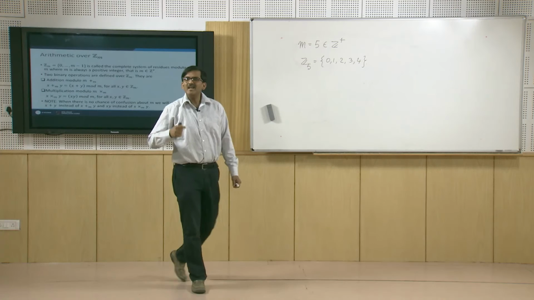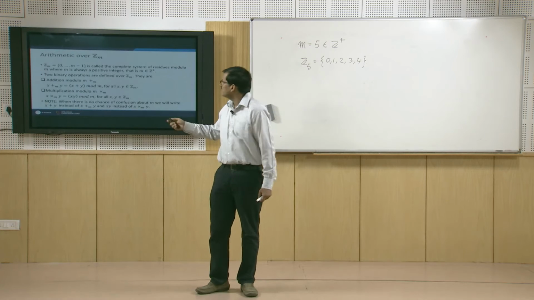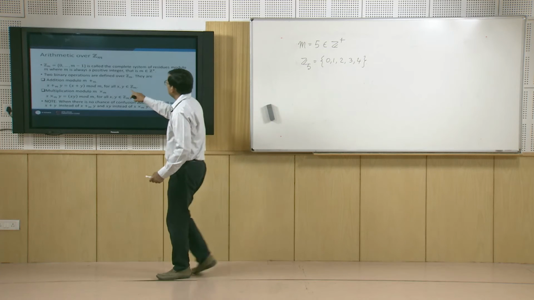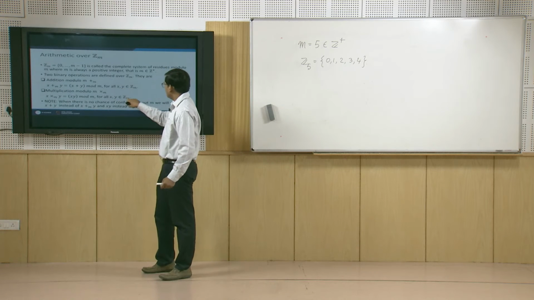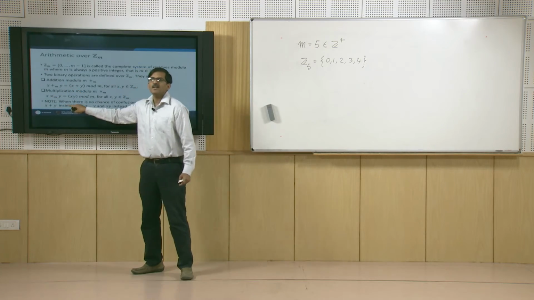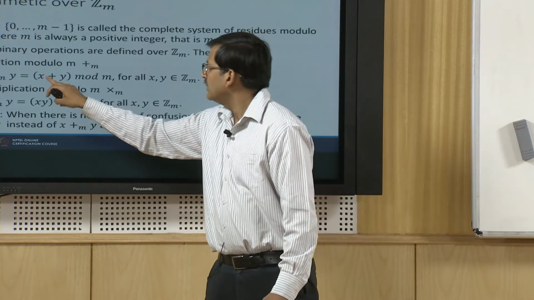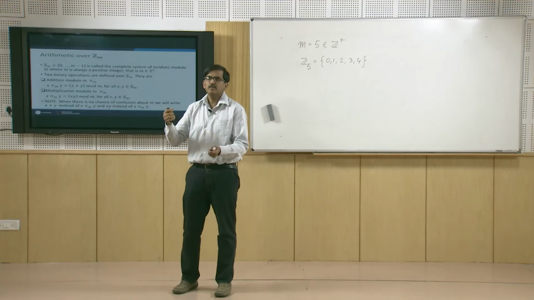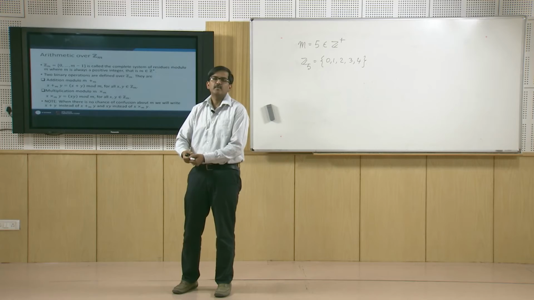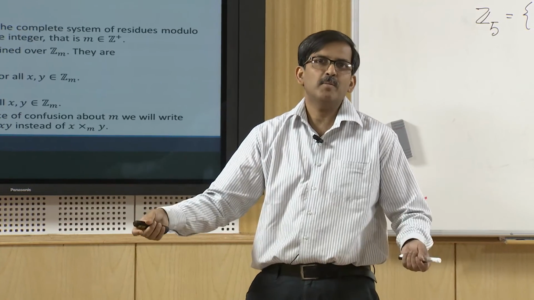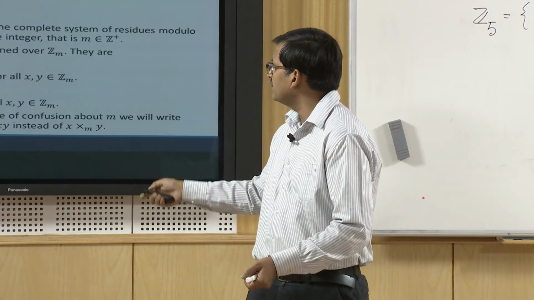I can do exactly the same thing with multiplication. So I am now considering elements in Zm. I am taking x multiplication modulo m y, which is simply ordinary multiplication, then you reduce it modulo m. So, you are pushing it back to Z sub m, that is exactly what we are doing here.